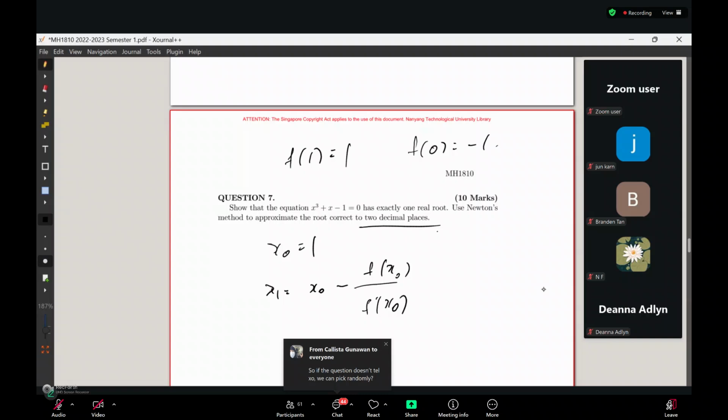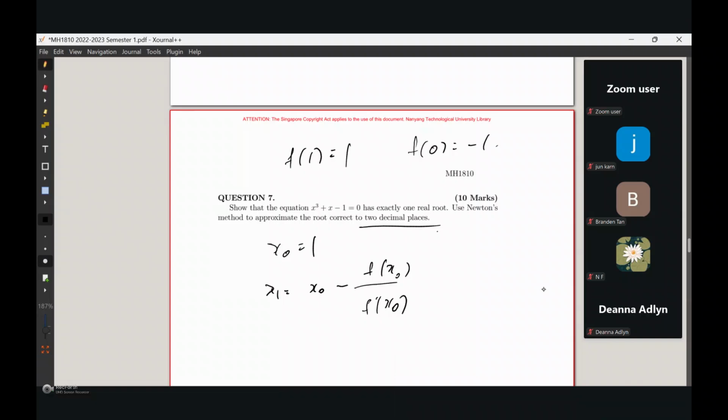We can pick randomly. You can pick somewhere close, somewhere that makes sense. Don't pick x0 equal 100 or something, because you already use IVT to show that a root exists between 0 and 1.